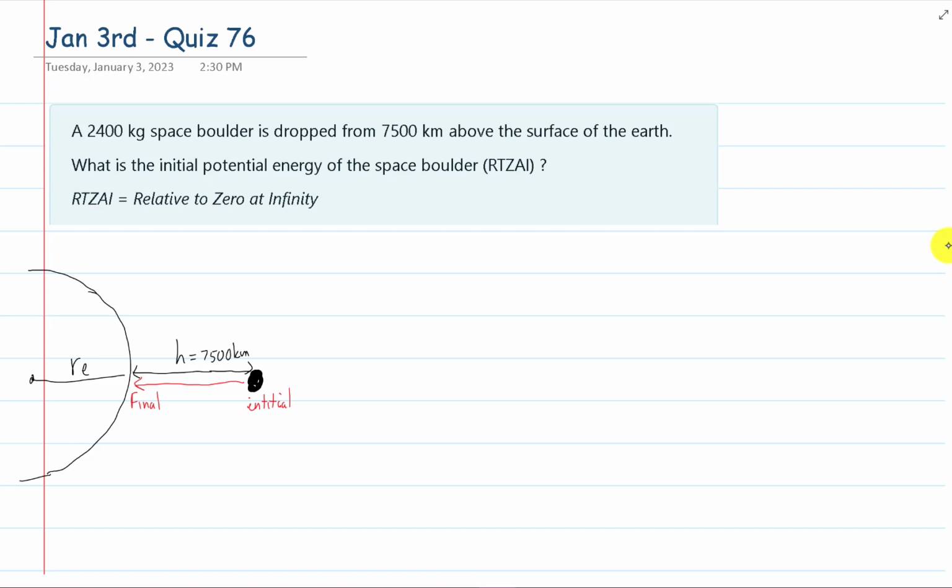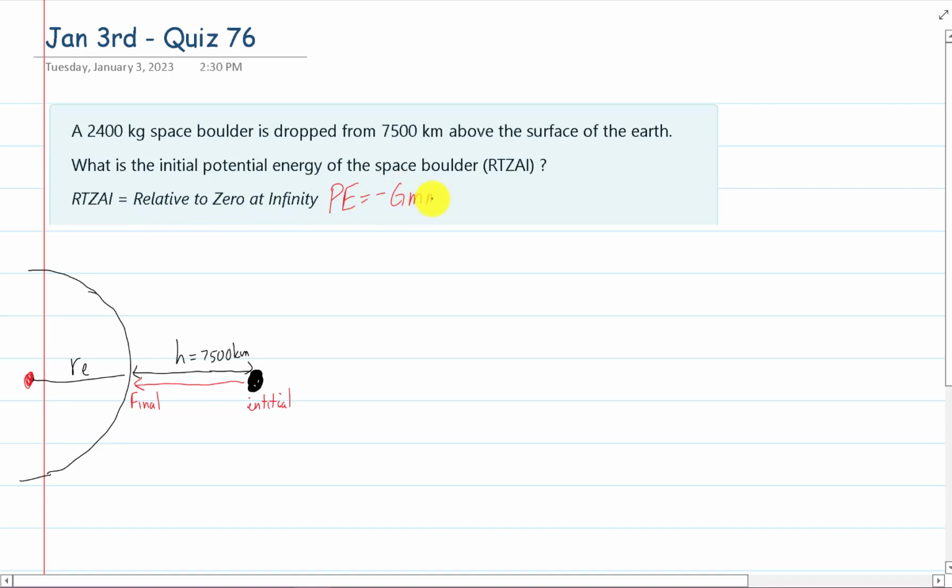Okay, so it's initially starting up at 7,500 kilometers above the surface of the Earth, but we have to measure it from the radius of the Earth. What did we have? Well, we have a hint here. Relative to zero at infinity talks about that we could calculate the potential energy of the object to being negative GMm over R, with respect to being at infinity.